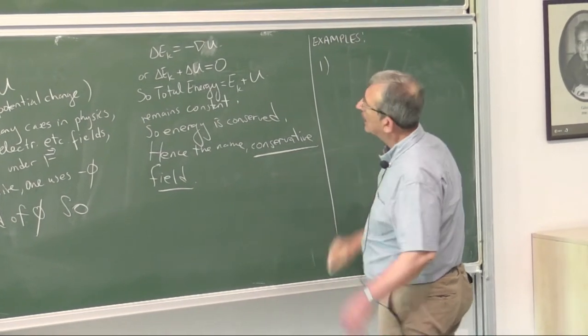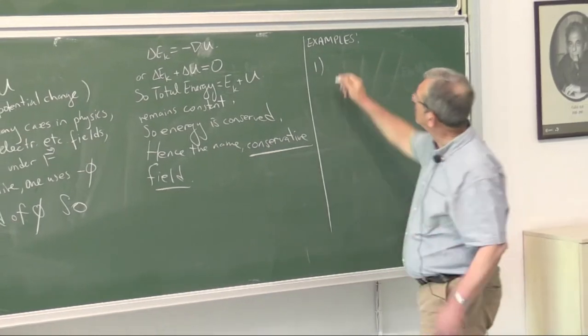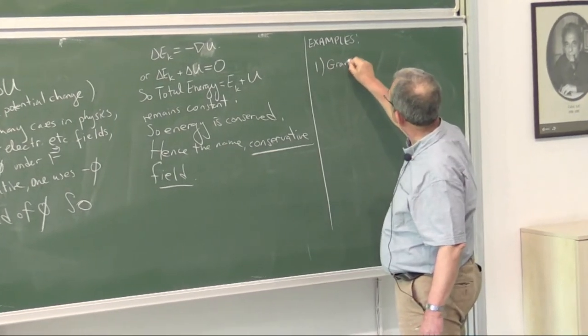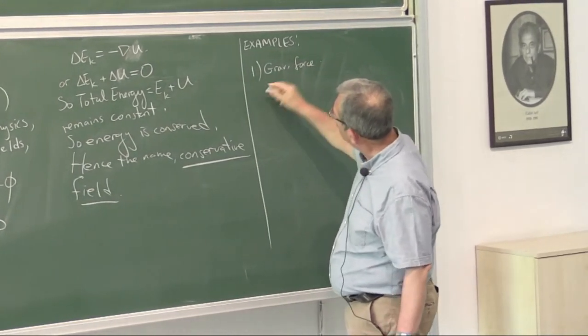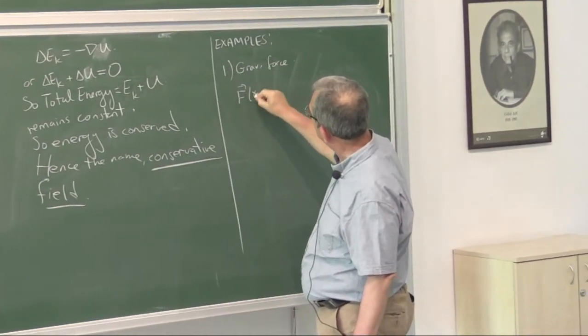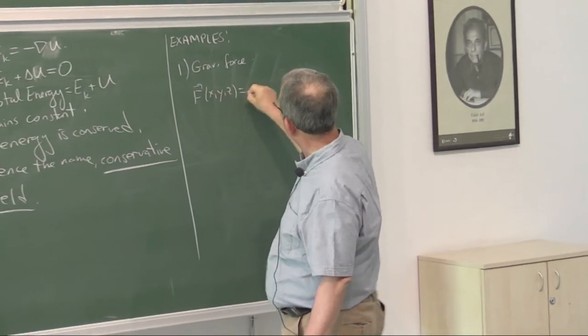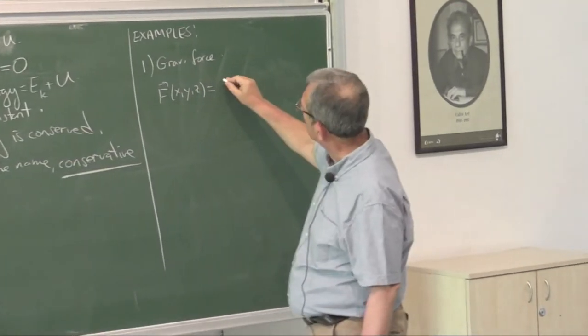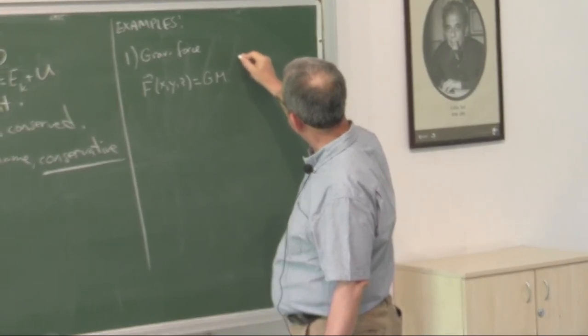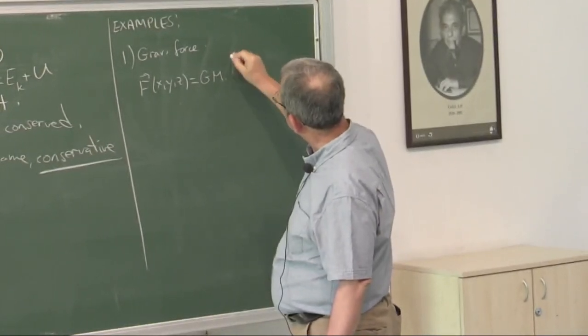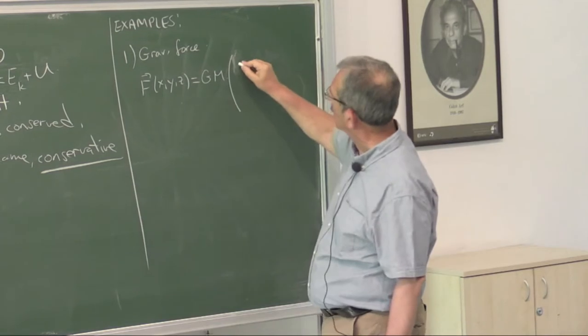Well, first of all, let us consider the gravitational energy, or gravitational force. We figured it out to be xyz. That was GM, and let me write it in separate formulation.